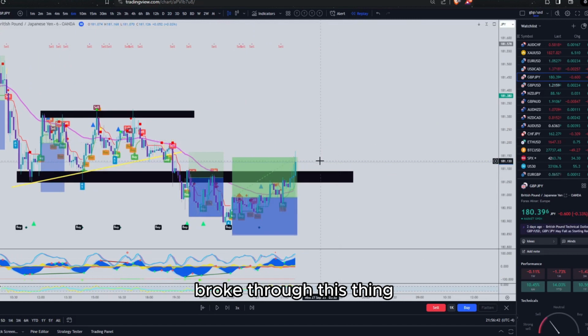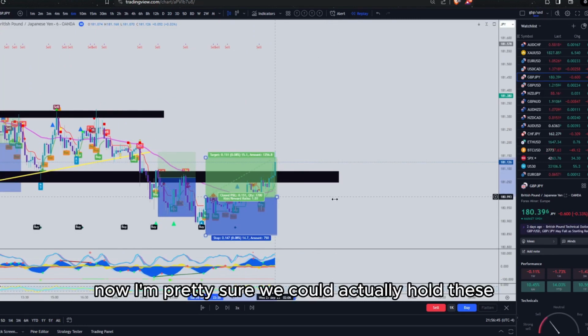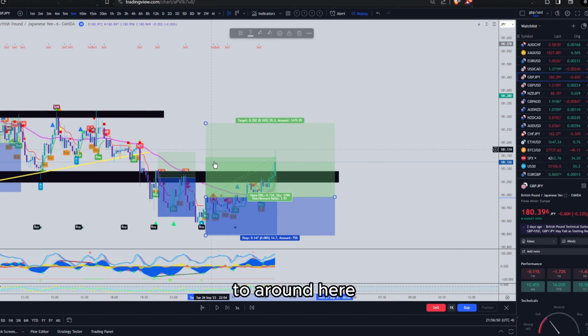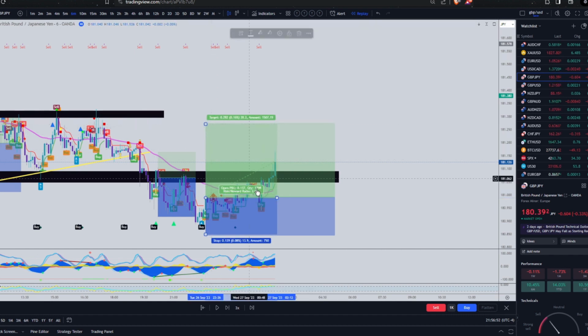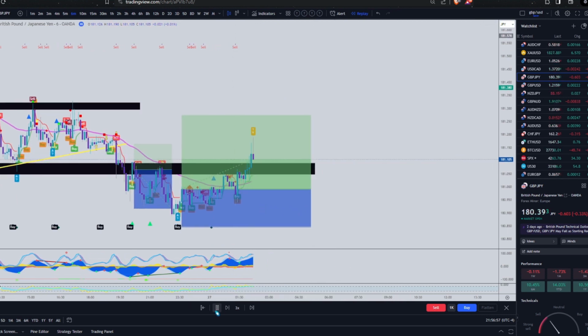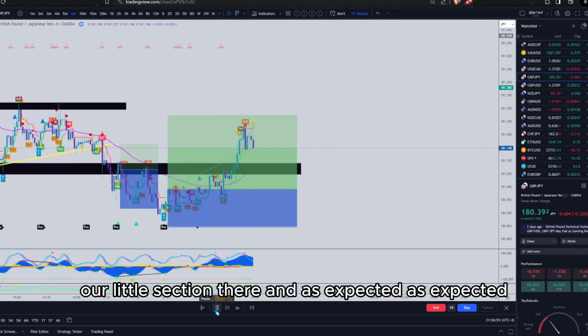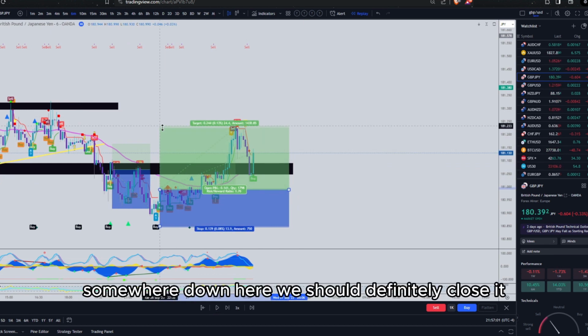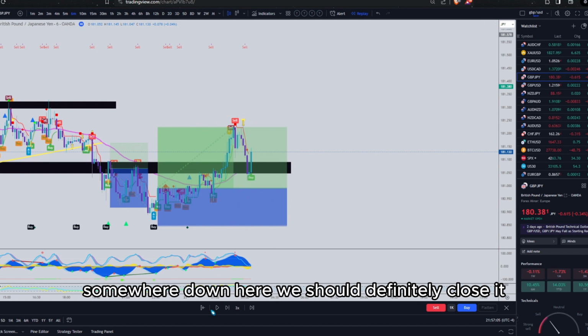It broke through this thing. Now I'm pretty sure we could actually hold these all the way to around here because it has broken through our little section there. And as expected, somewhere down here we should have definitely closed.